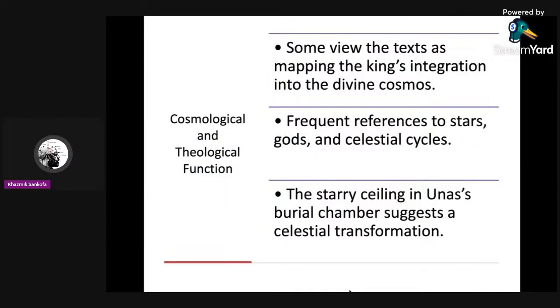All right. There's frequent references to stars and celestial cycles. The starry ceiling suggests a celestial transformation, your transformation into a star, into a Seba, into a teacher, into a guide, into an Aku, an Ak.